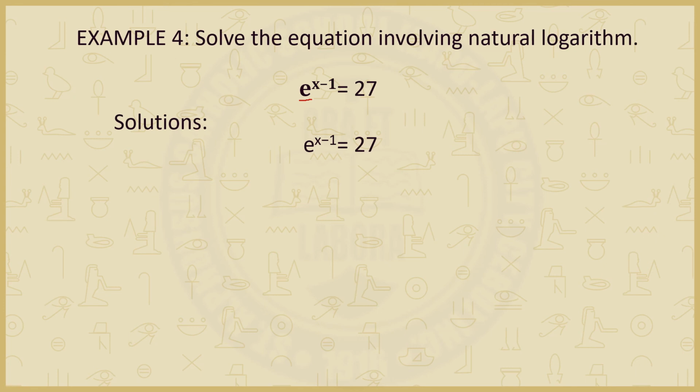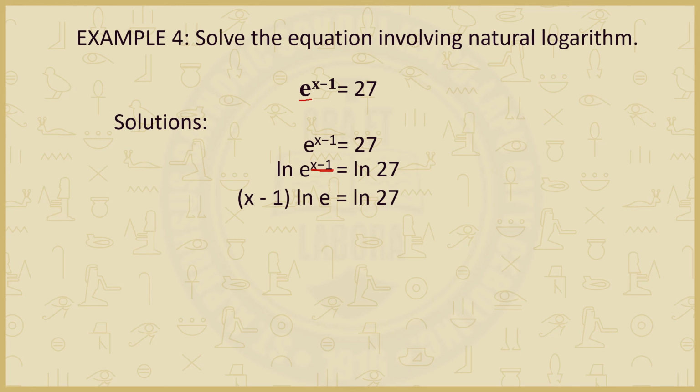First, copy the given and then take the natural logarithm of both sides. And then after that, we are going to apply the power rule because of this exponent, and it will become x minus 1, the quantity of x minus 1, times the natural logarithm of e equals the natural logarithm of 27.